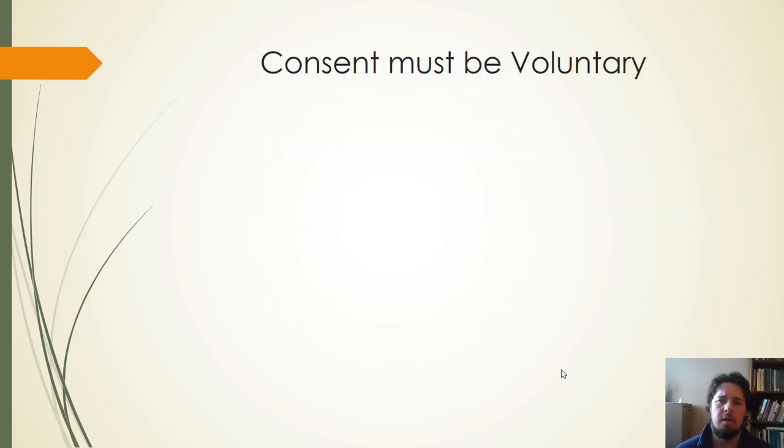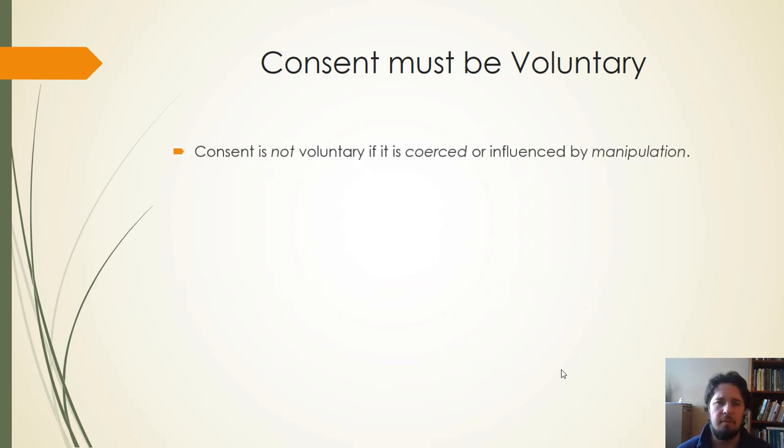So a couple more issues with consent. Consent must be voluntary. This should be pretty obvious. Consent is not voluntary if it is coerced or influenced by manipulation. So if somebody is somehow manipulated into consenting, maybe enticed by being paid or something like that, it's up for debate what counts as manipulation.